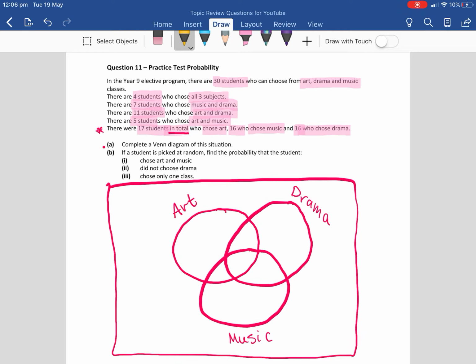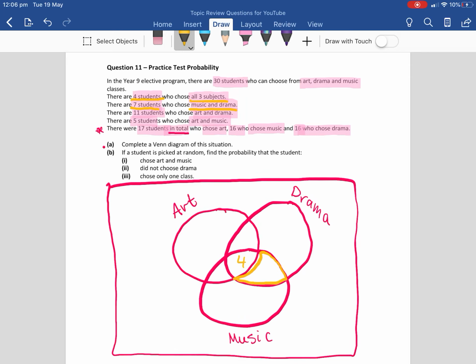So remember, with Venn diagrams, you want to start from the middle and work your way out. So for this one, we know that we've got 4 students who chose all 3 subjects. So the number 4 is going to go in the middle here. Okay. Now the next one, 7 students chose music and drama. So looking at music and drama, the overlap, we're looking at this section here.